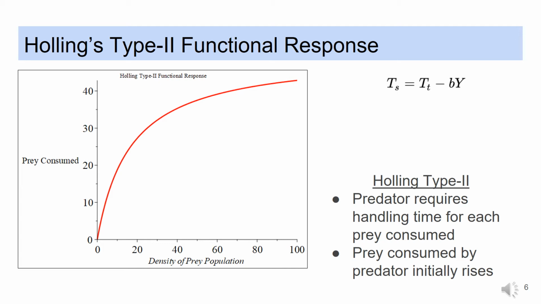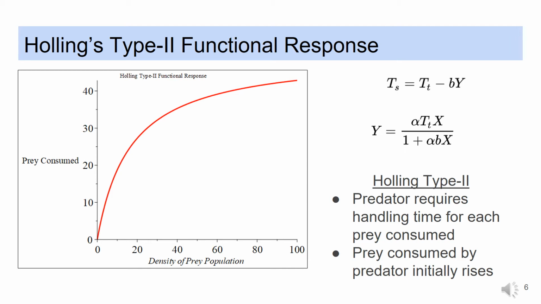This means that the time spent searching for prey is now reduced by a time allotted to process the prey. The time allotted to process the prey is represented by the b y term. After making this substitution, the Holling Type 2 function can be described as this equation.